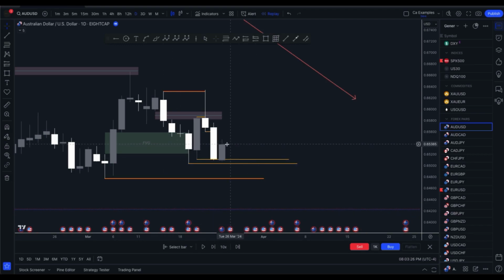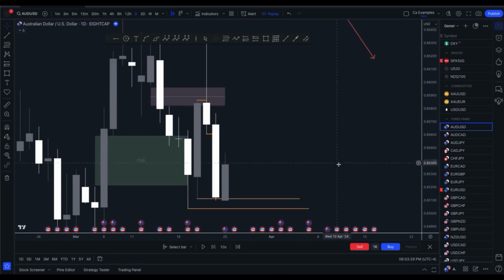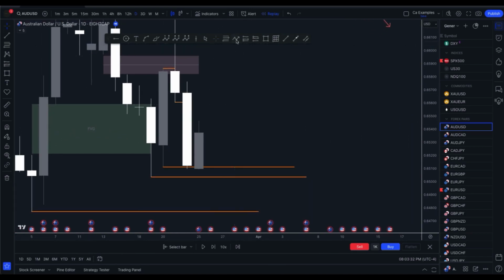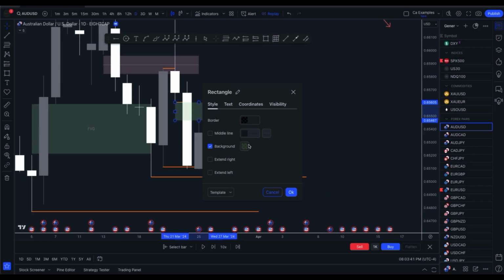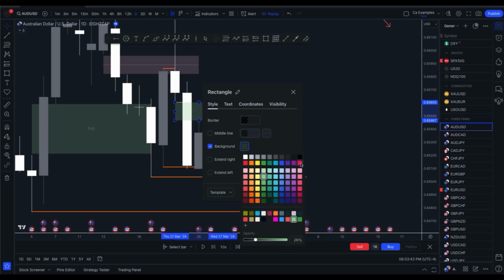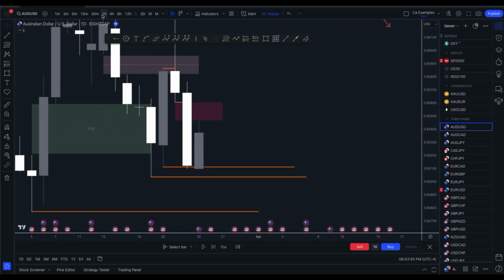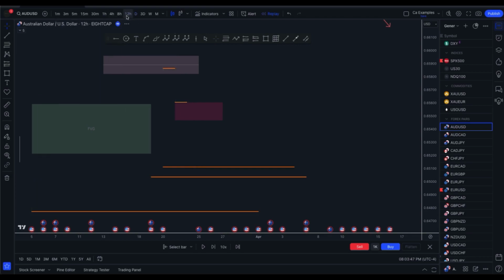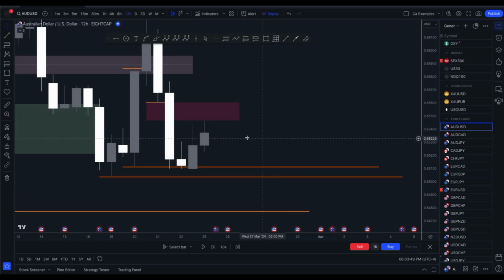Okay, so it went inside. Why did it do that? It's probably going to create some kind of fair value gap, which it did, or who knows, maybe on the lower time frame, right? Maybe there's something on the lower time frame that it wanted to go inside to. As a matter of fact, let's drop down to, let's just say the 12-hour just for fun.